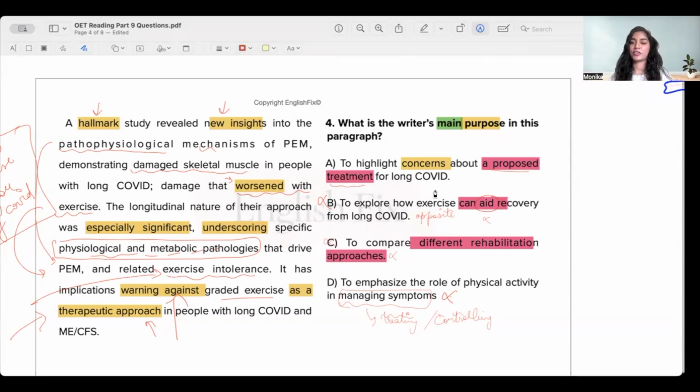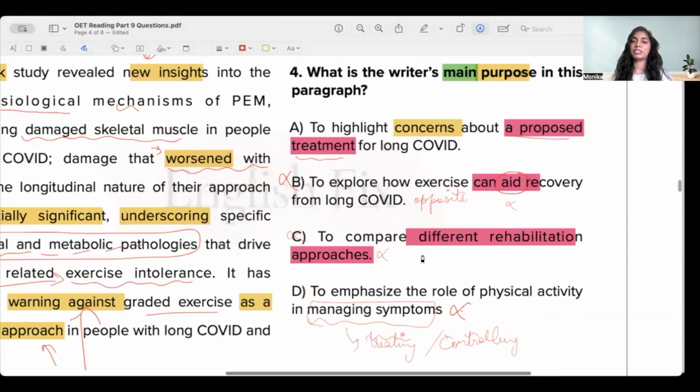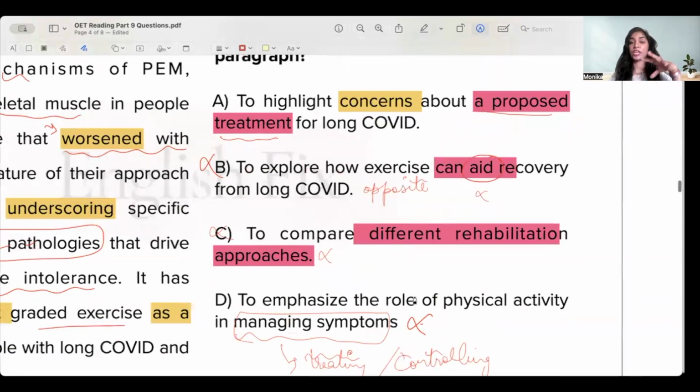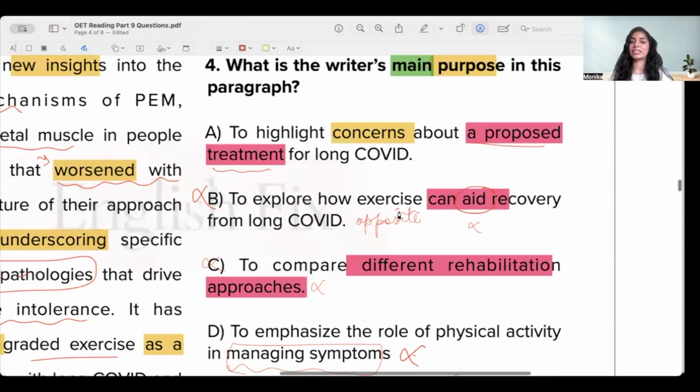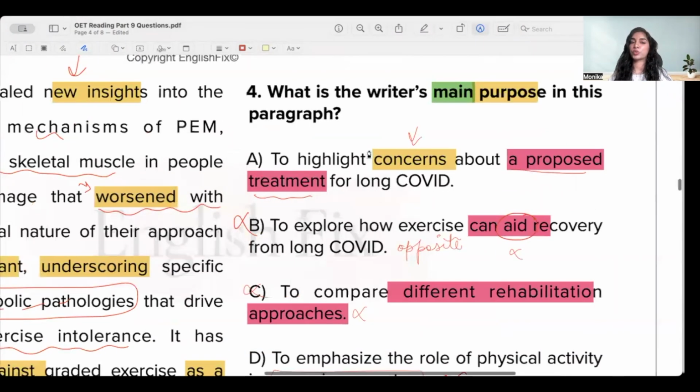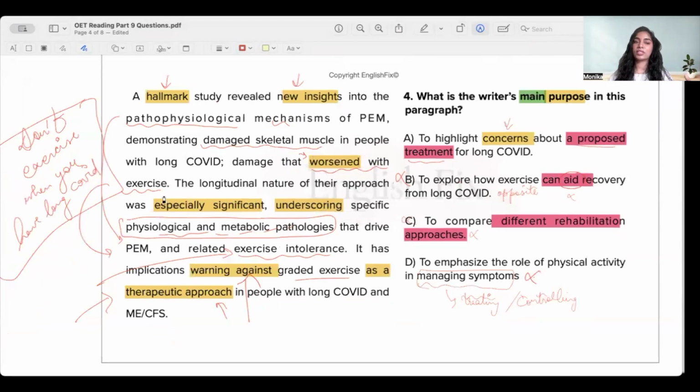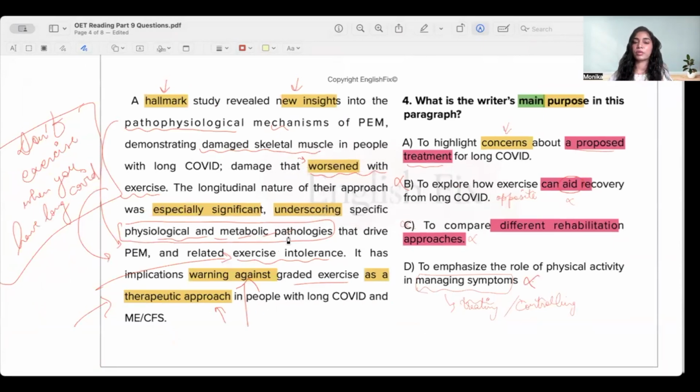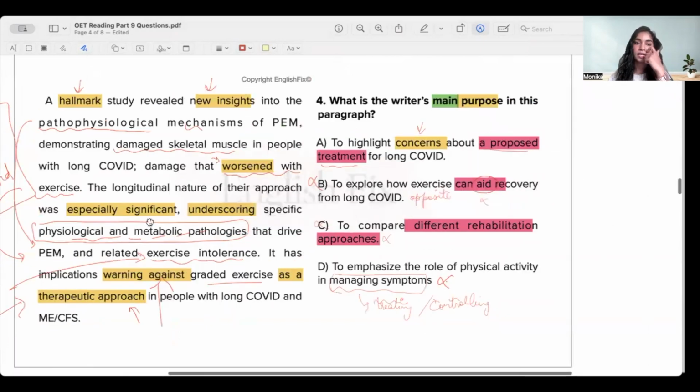Coming back to the answer options, we have eliminated B, C, and D because they go against our paragraph's idea, which is saying that, listen, we have some issues. What are those issues? These are the issues: physiological and metabolic pathologies that drive PEM. We're having some issues with that. The longitudinal aspect was important. So I would still be okay with this line when I'm saying a proposed treatment.